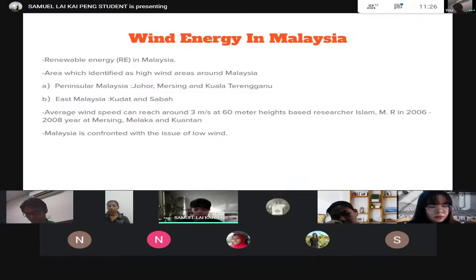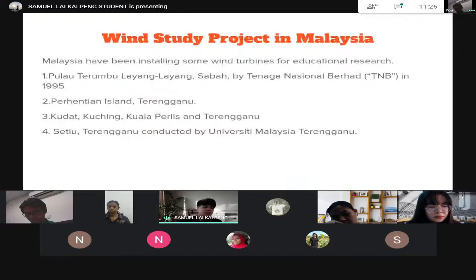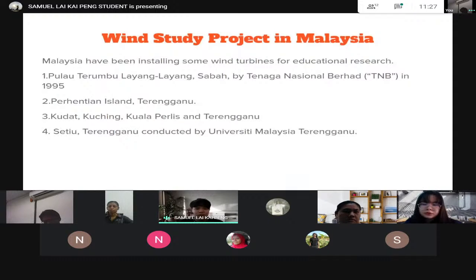So next, the wind study projects in Malaysia. Okay, Malaysia has been installing some wind turbines for educational research, since our wind speed cannot reach the minimum requirement for the wind turbine to harvest electricity.